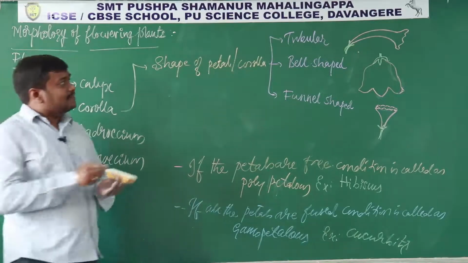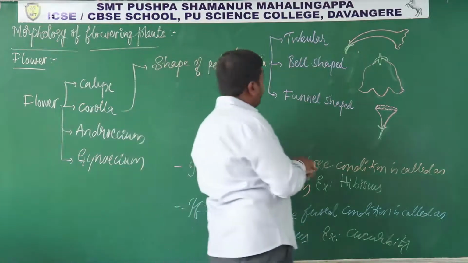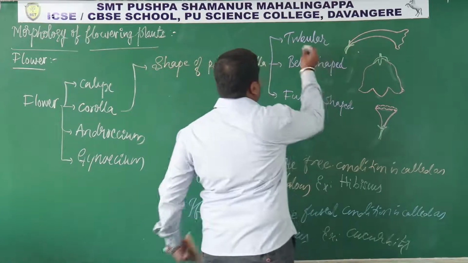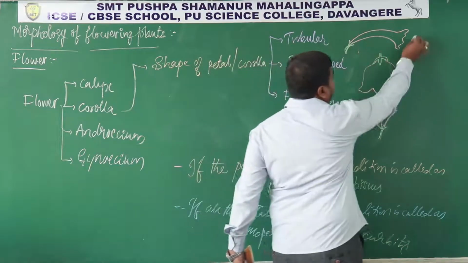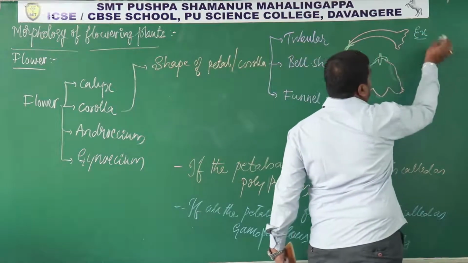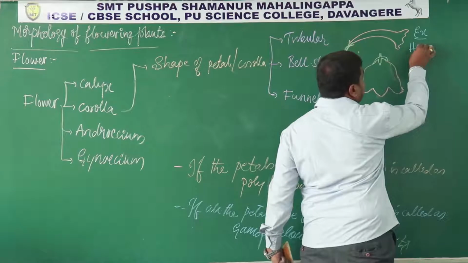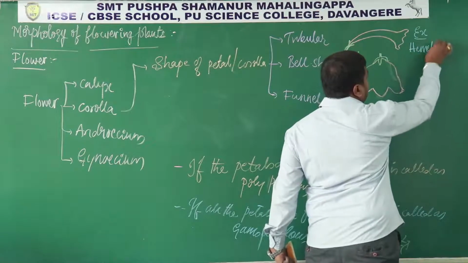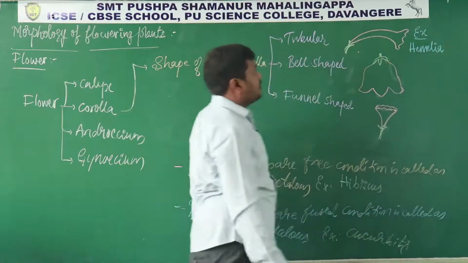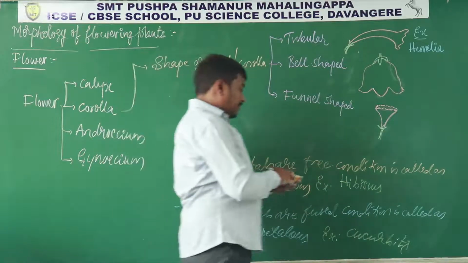So let me give some examples as well. Tubular flower example: Hamelia patens. Then bell shaped: cucurbits.